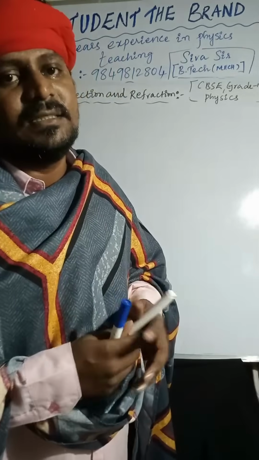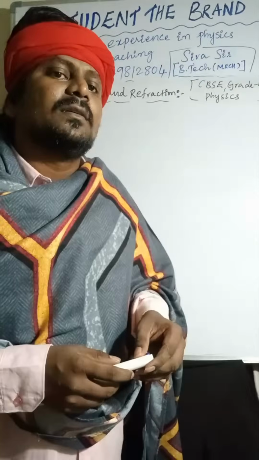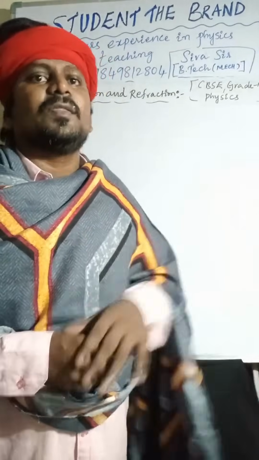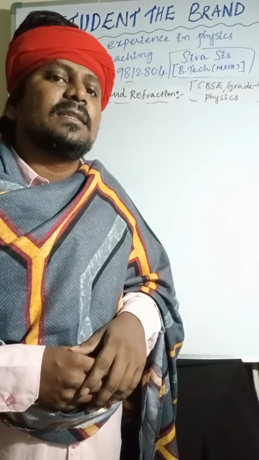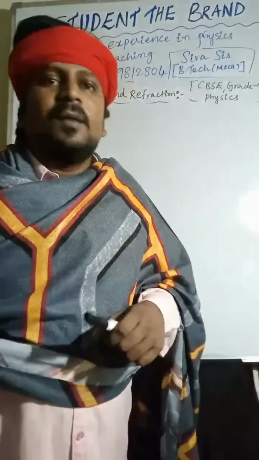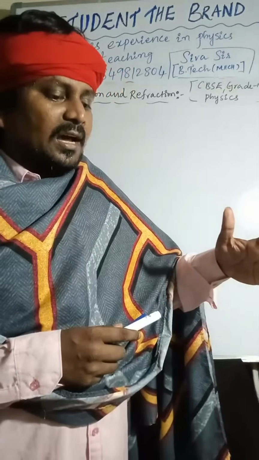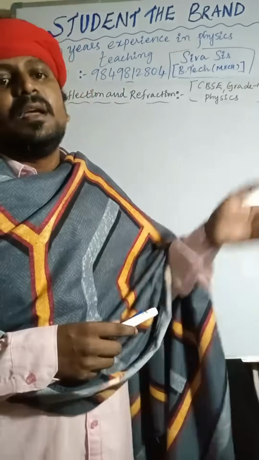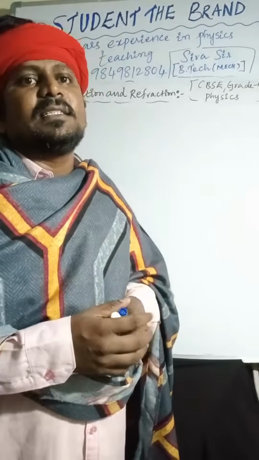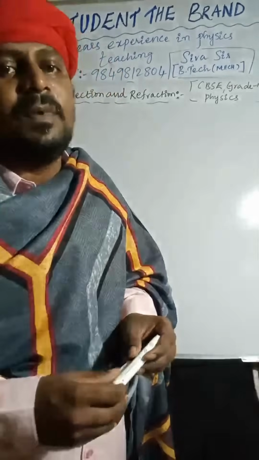All distances are measured from the pole. Distances are positive along the incident rays. Distances are negative opposite to incident rays. Distances are positive above the principal axis. Distances are negative below the principal axis.